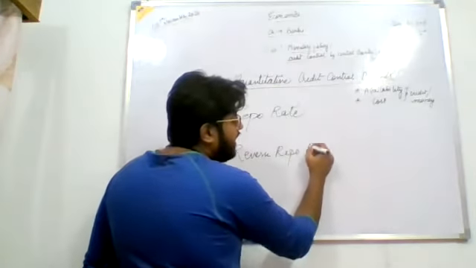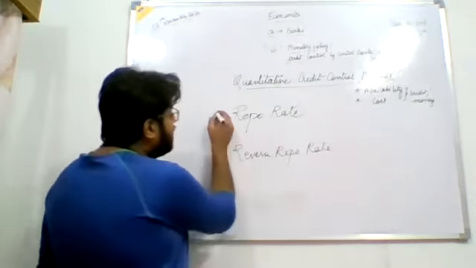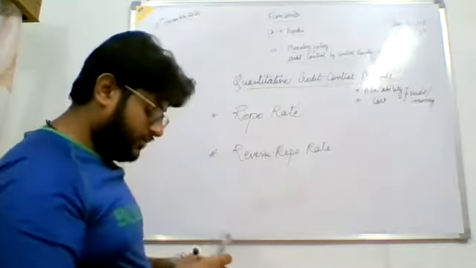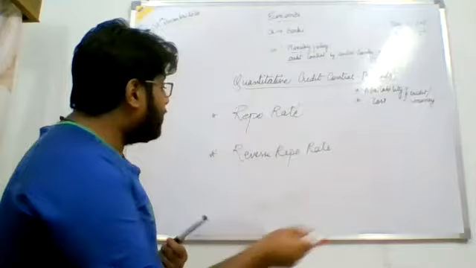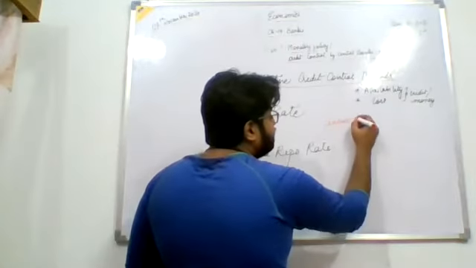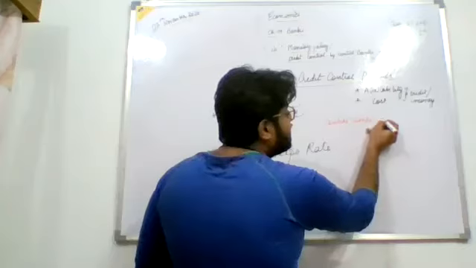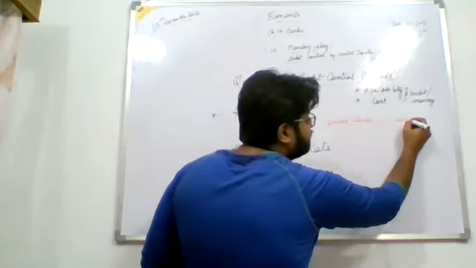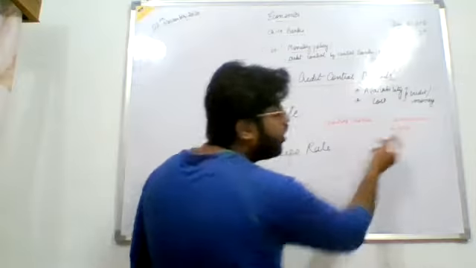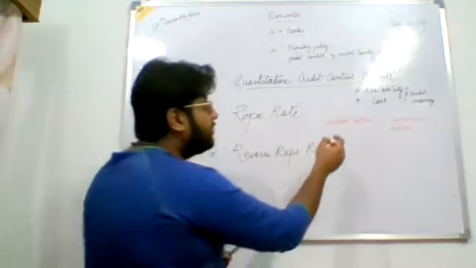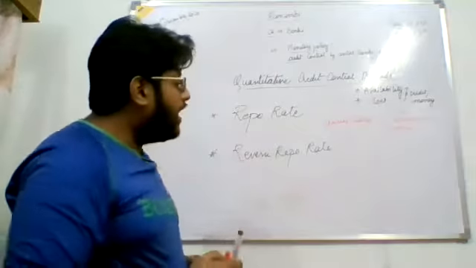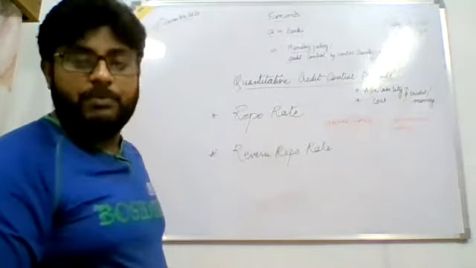Many times the difference between repo rate and reverse repo rate has been asked, so it is a very important topic. In repo rate, what used to happen? The central bank gave loans to whom? To commercial banks. That means the flow of credit, the flow of money, was from the central bank towards the commercial banks. But what happens in the reverse repo rate?